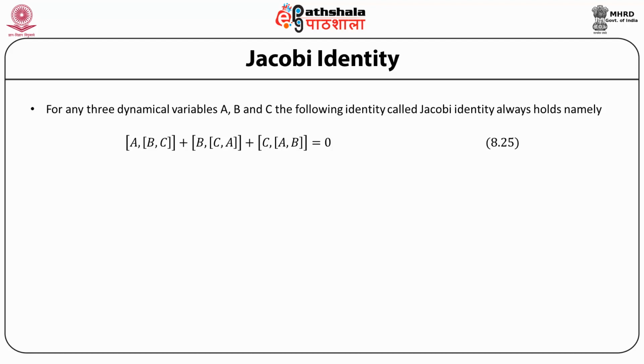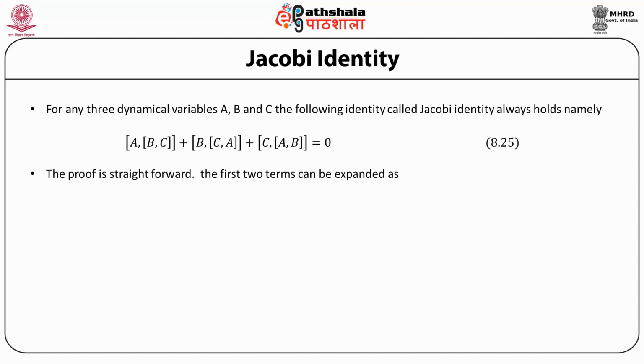The first term is the Poisson bracket of A with the Poisson bracket between B and C. The second term is the Poisson bracket of B with the Poisson bracket of C and A. And the third term is the Poisson bracket of C with the Poisson bracket of A and B. So the sum of these three terms is always equal to 0, irrespective of what the dynamical variables A, B, and C are. The proof of this is straightforward, but a little lengthy.